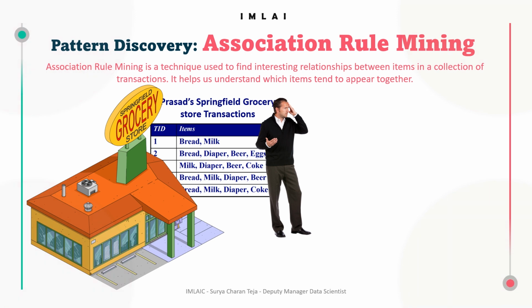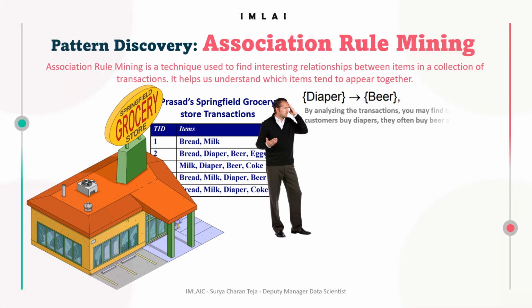So for instance, let's consider two items, which are diaper and beer. By analyzing the transactions, you may find that when customers buy diapers, they often buy beer as well.